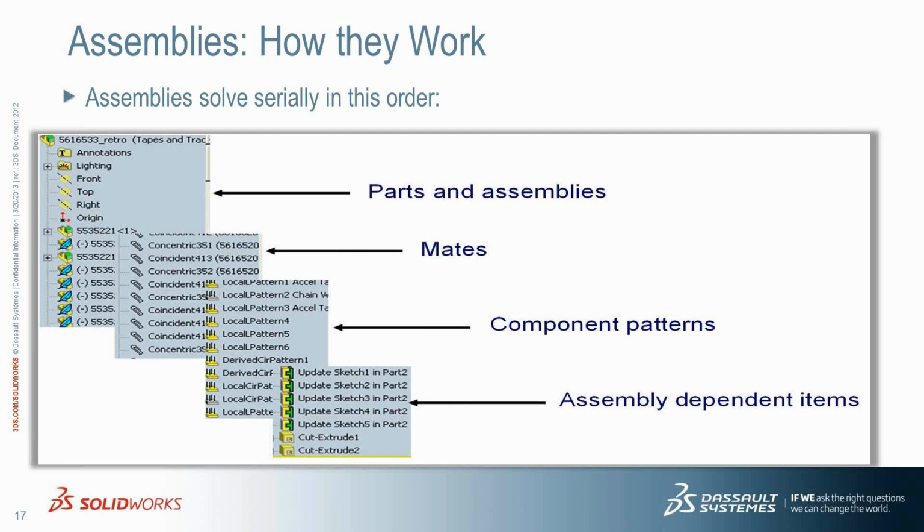A rebuild just goes one time down the tree, right? One time in order. Now you're going to have another rebuild flag on a mate or on a component. Okay, you might have to do multiple rebuilds. If you've ever had to do that, you probably mated to component patterns or assembly-dependent items. So you want to try to avoid mating to those two things.